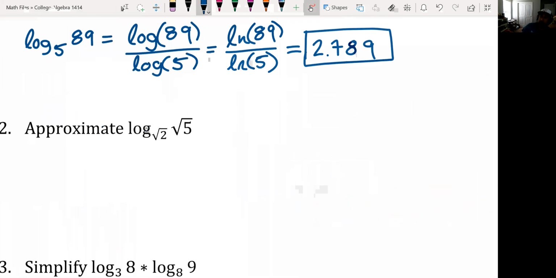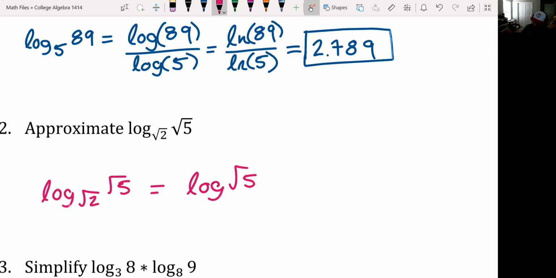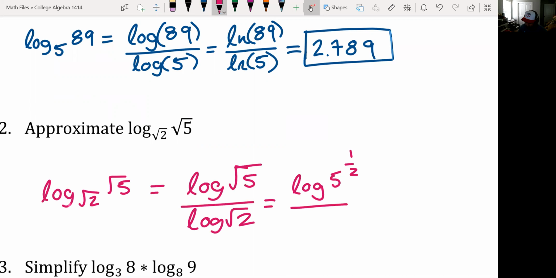And now this says approximate log base square root of 2 of the square root of 5 using change of base. So this means that log base square root of 2 of the square root of 5 by change of base becomes log square root 5 over log square root 2. And yes, we can type it into a calculator just like this. Or if you want to get crazier, we can rewrite this as log of 5 to the 1/2 over log of 2 to the 1/2.